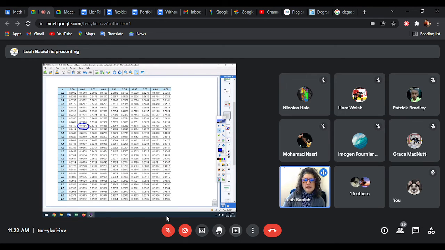Well, these are pretty close, but 0.8186 is under what I need by 0.0014, and the upper one is 0.8212. So that's over by almost the same amount, 0.0012. So these guys are pretty close.